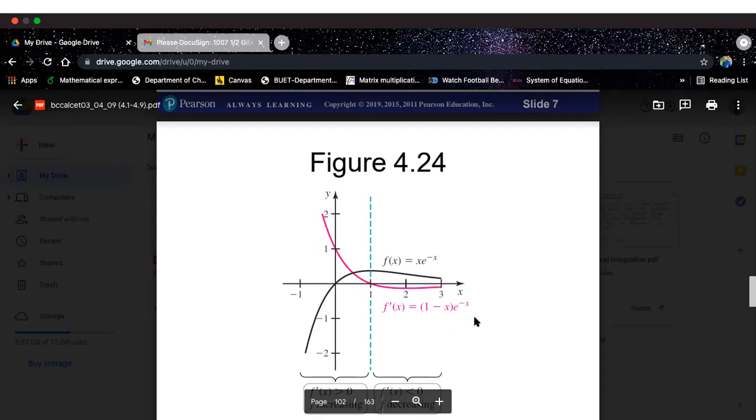I'll probably not give you a question like this, at least in the exam, because if you just plug in one value from a certain interval and get a positive value, you can't really conclude, if you don't have the graph, of course, if you are just given the function, that the function will be increasing, okay?